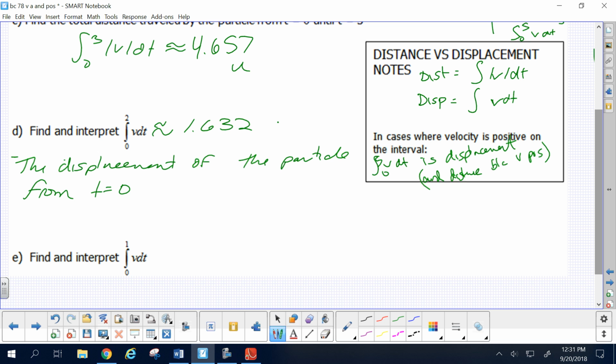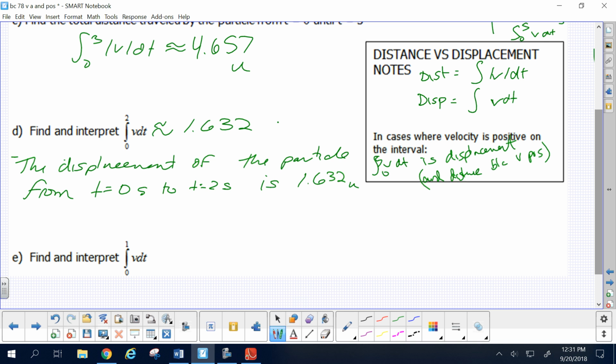So your question would be, if I ask where is it at time 2, then I use the initial condition. Yes. So the displacement of the particle from time equals 0 seconds to time equals 2 seconds is 1.632 units. You could also say that at time 2, the particle is 1.632 units to the right of where it was at time 0. That would also work.